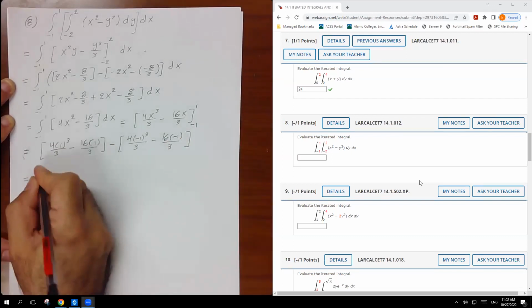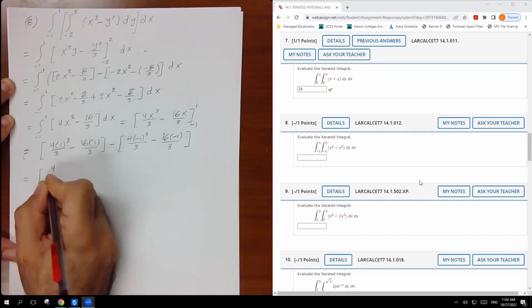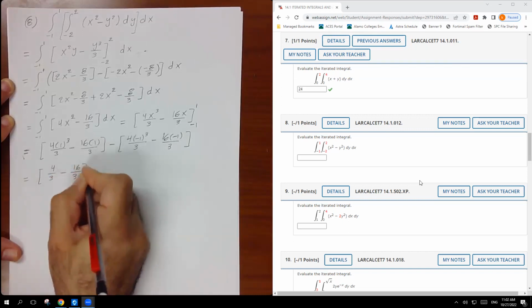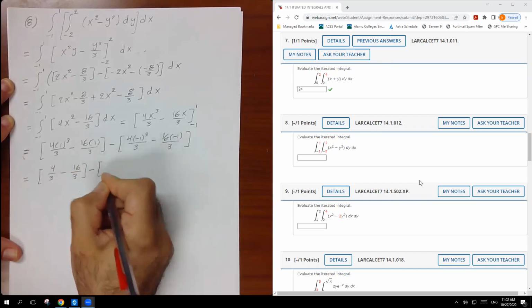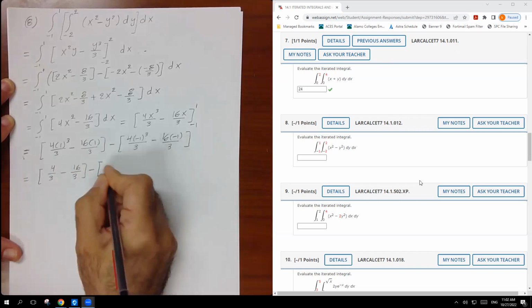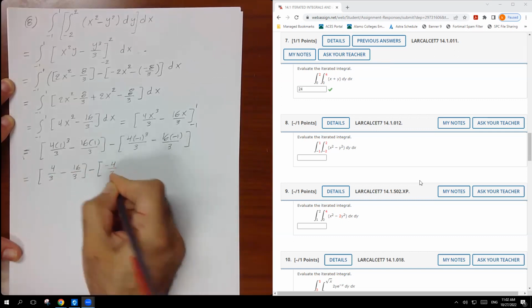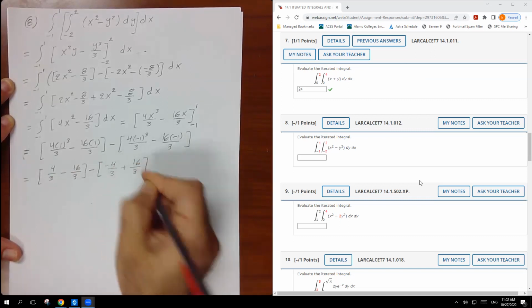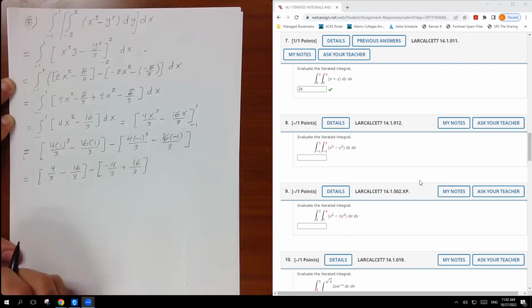And this one is going to be 4 over 3 minus 16 over 3 minus, on the other side is going to be -4 over 3 plus 16 over 3, because negative times negative is positive.